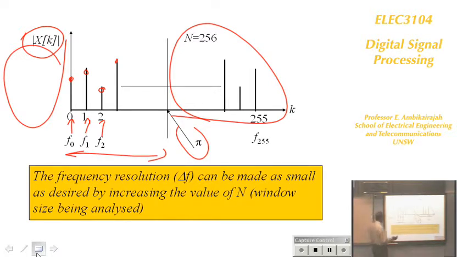The frequency resolution delta f can be made as small as desired by increasing the value of N. That's the window size being analyzed. So if you want a very fine, small resolution, then you need a large window. A large window is not possible for a non-stationary signal.